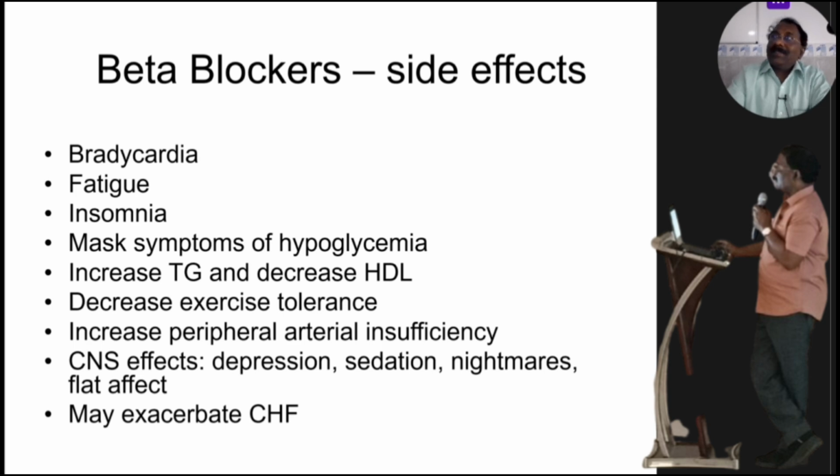They decrease exercise tolerance and increase peripheral arterial insufficiency, so they are contraindicated in peripheral arterial disease, in people with intermittent claudication, or chronic diabetics with autonomic dysfunction. Better not to use beta blocker therapy there. CNS effects such as depression, sedation, nightmares are very common with beta blocker therapy, and they may exacerbate heart failure.